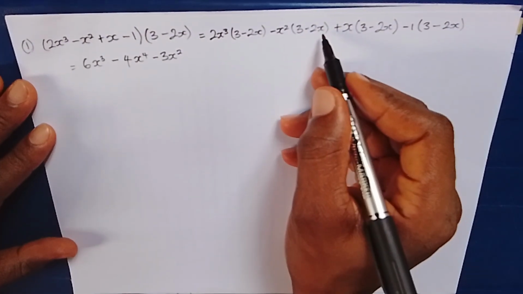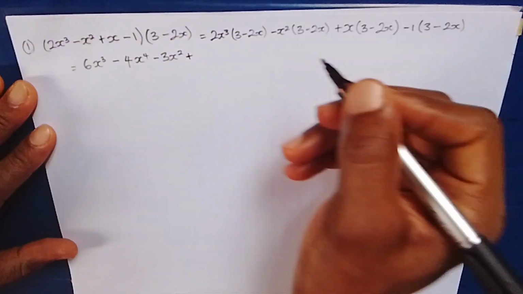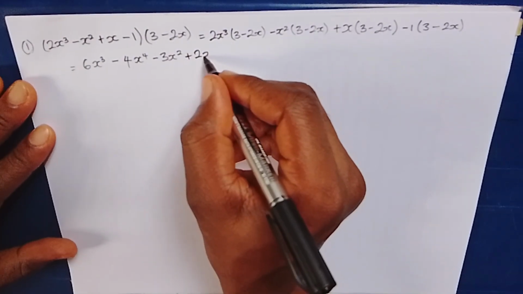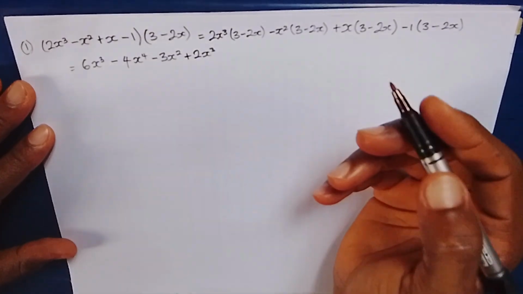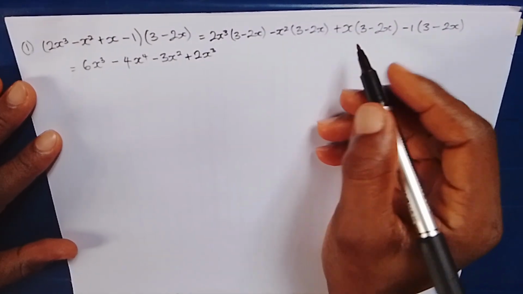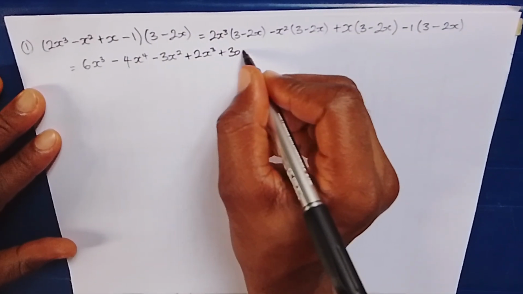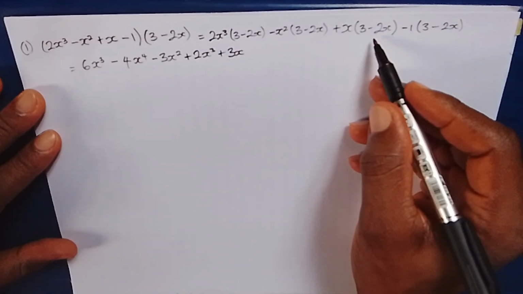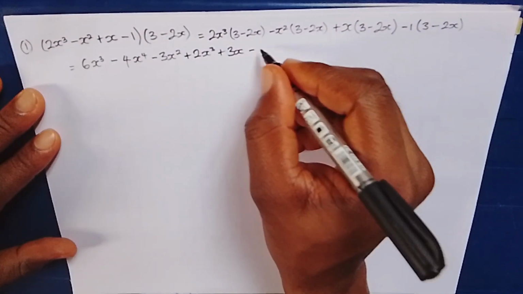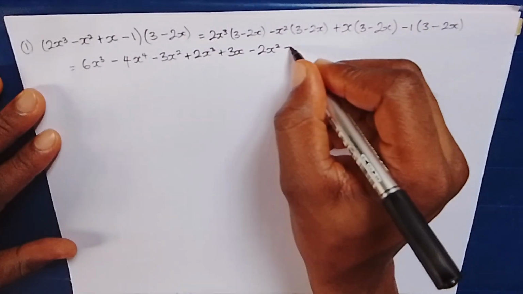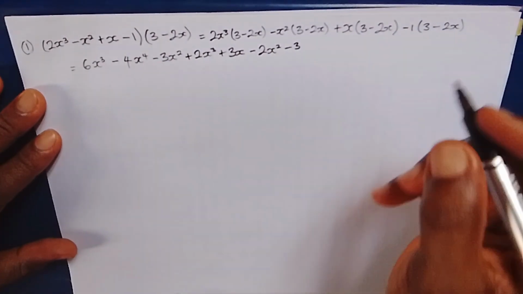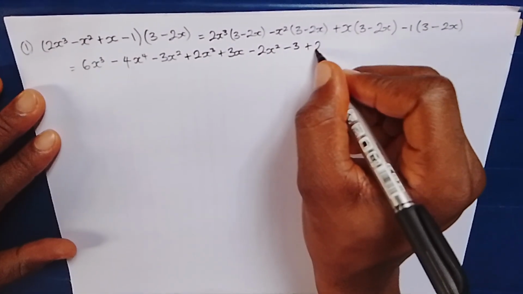Minus x squared times minus 2x, you have plus 2x cubed. Remember, negative times negative is positive. So x times 3, you have plus 3x. x times minus 2x, you have minus 2x squared. Minus 1 times 3, you have minus 3. Minus 1 times minus 2x, you have plus 2x.